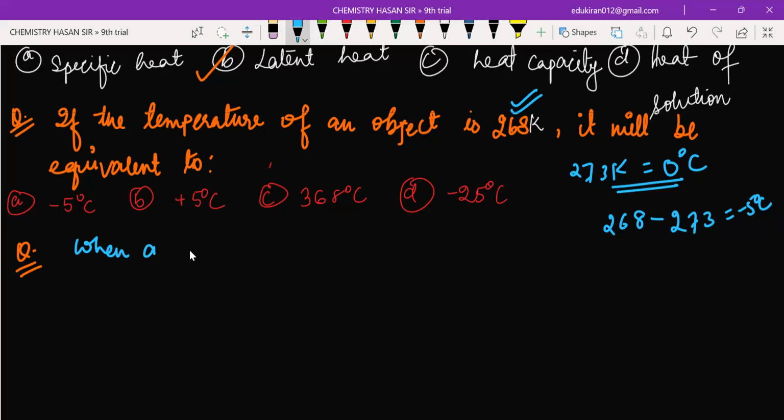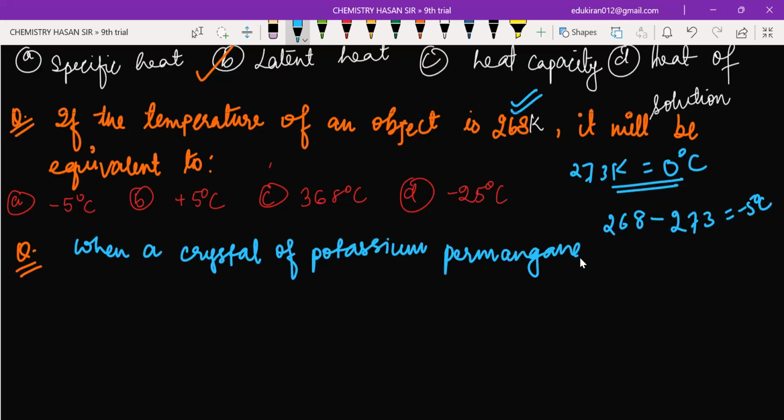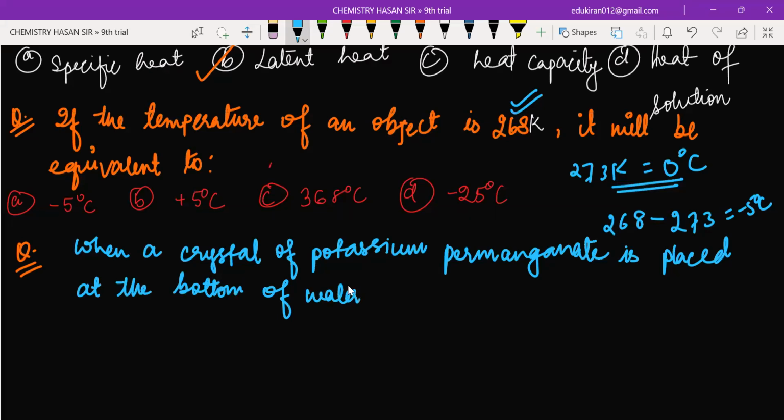Okay, the next question. A crystal of potassium permanganate is placed at the bottom of water in a beaker.